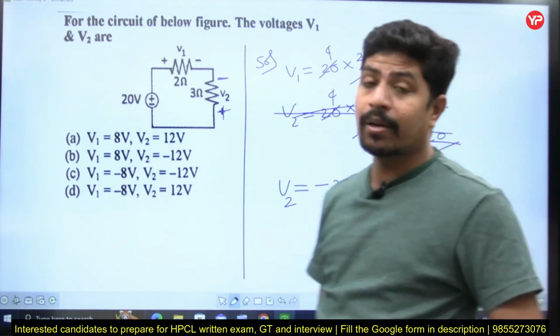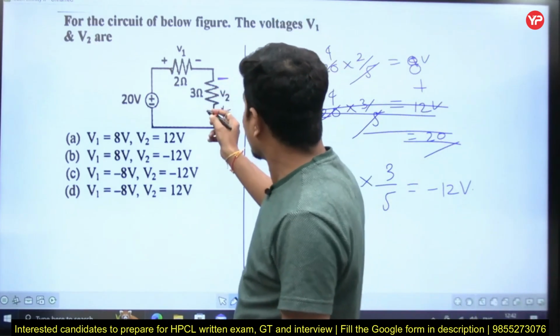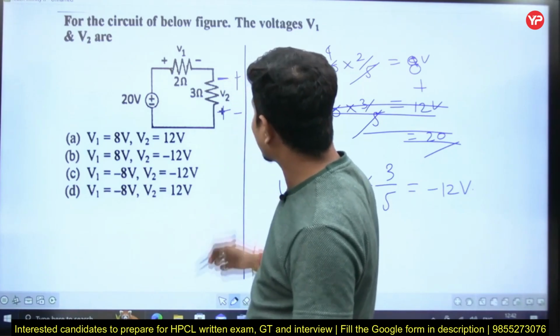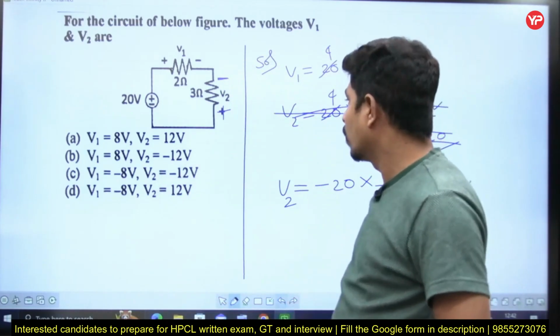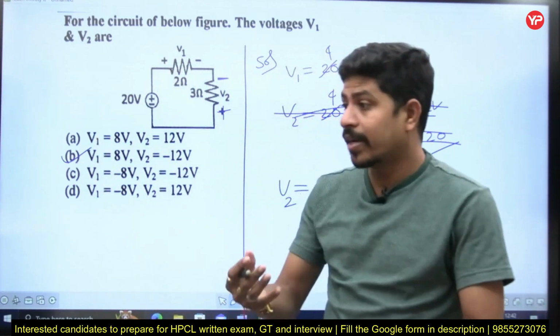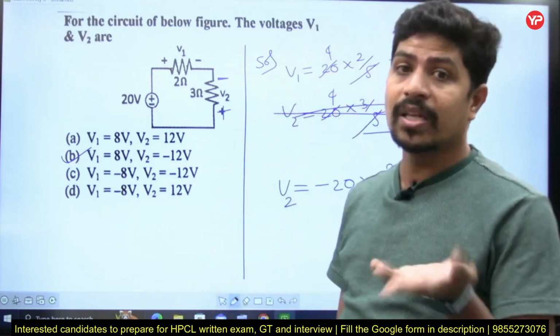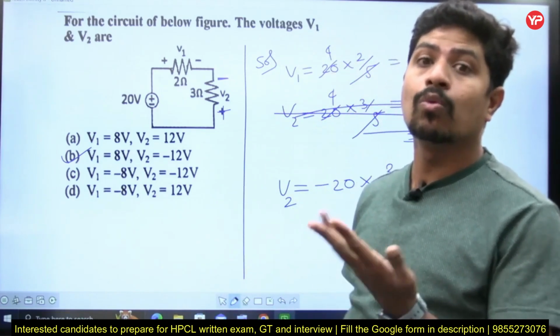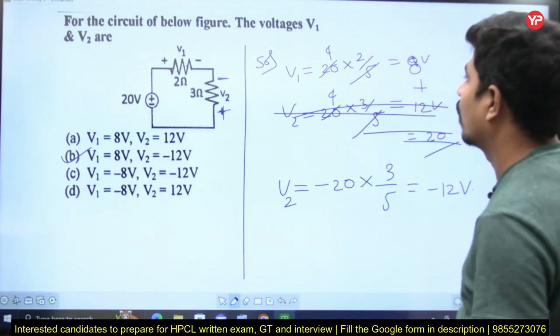This kind of simple silly mistake will happen if you are not looking at the polarities carefully. If he gives plus minus like this, directly you can apply, but he has taken the opposite polarity for V2. So it is 8 and minus 12. The first option is very attractive, and we may lose marks. Observe the question carefully. So it is minus 12, right?